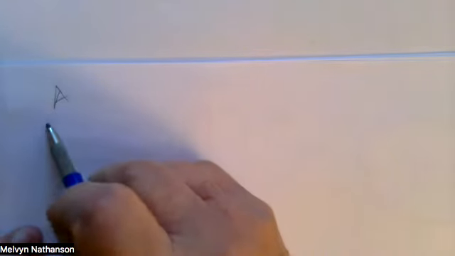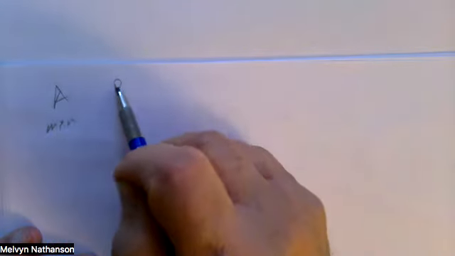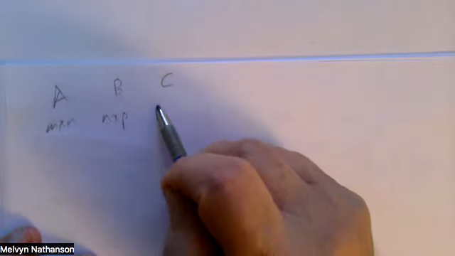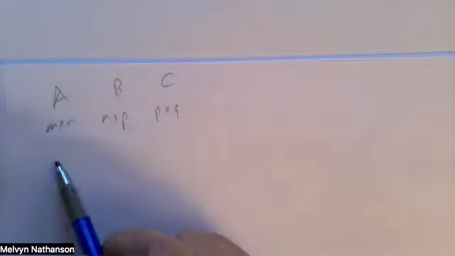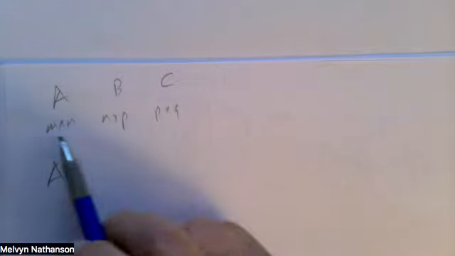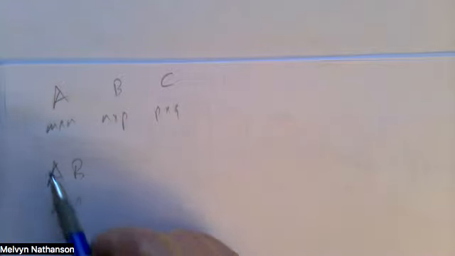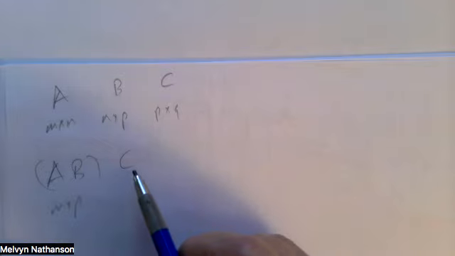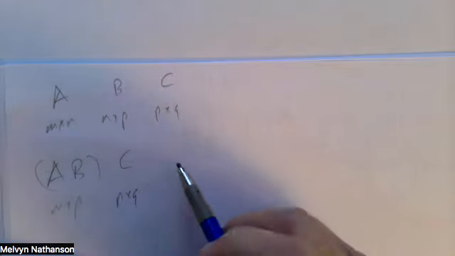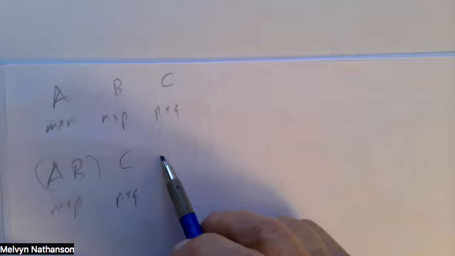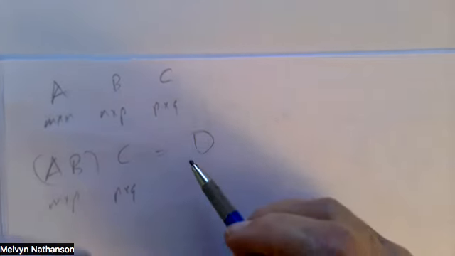So if A is an M by N matrix, and B is an N by P matrix, and C is a P by Q matrix, then if you multiply AB, this is an M by P matrix. And if you multiply that by C, which is P by Q, you will get some matrix D, which is M by Q.